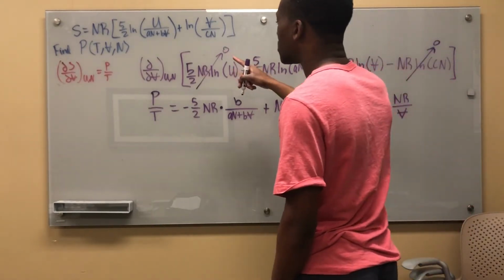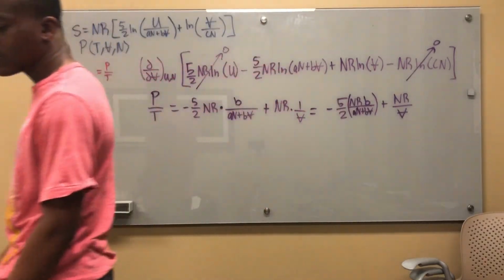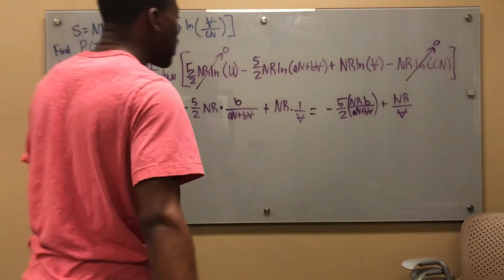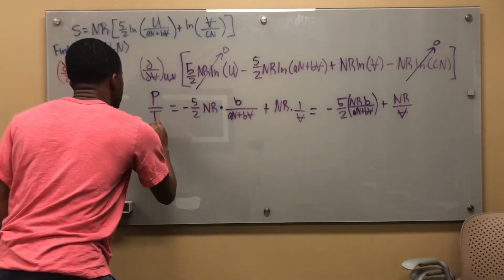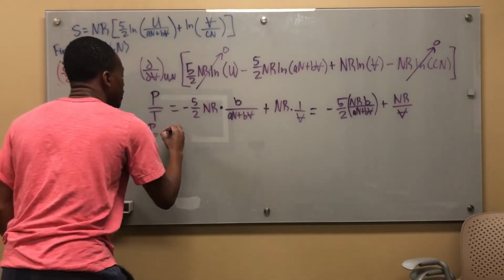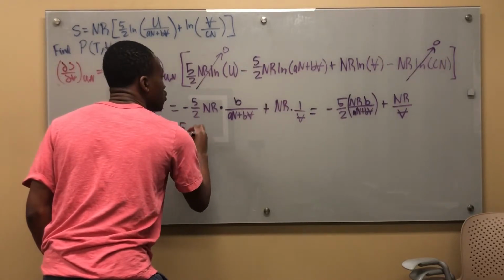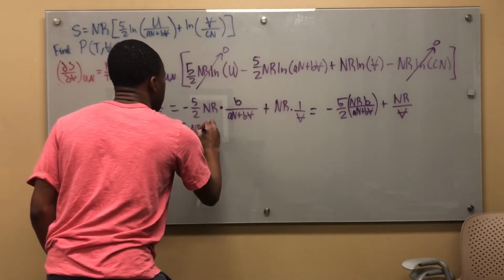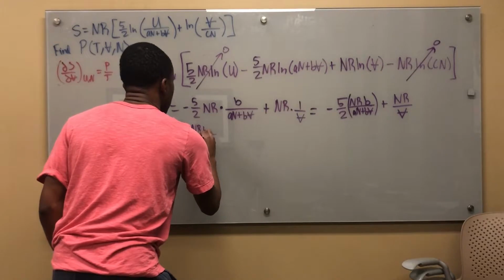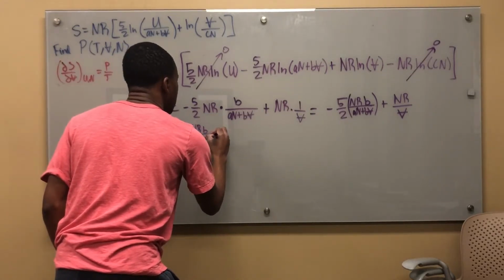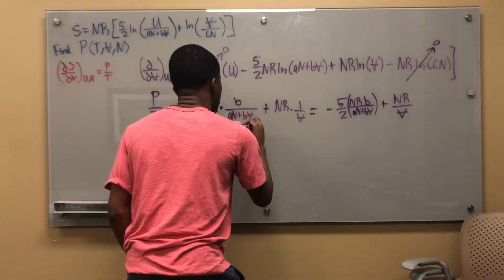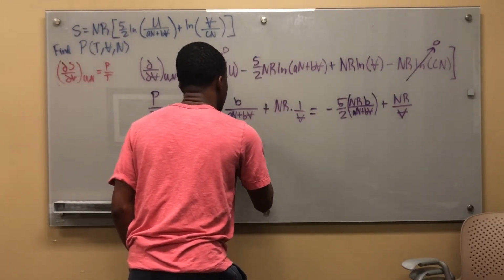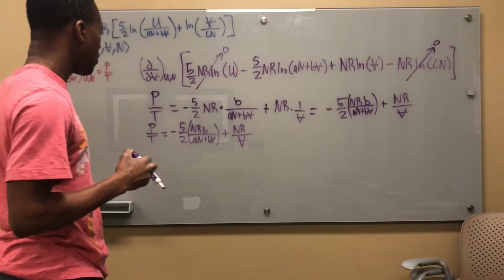Is this plus? Yes, they gave me a plus, right? Okay, cool. So we're left with this, right? So p over t equals that whole thing, equals negative 5 over 2 nrb over an plus bv plus nr over v.